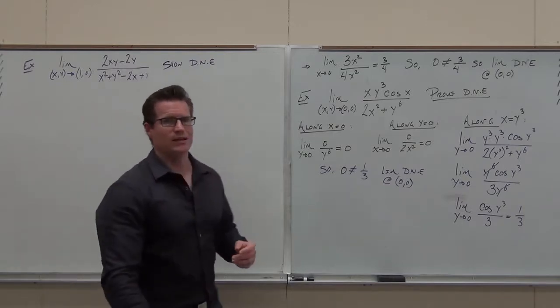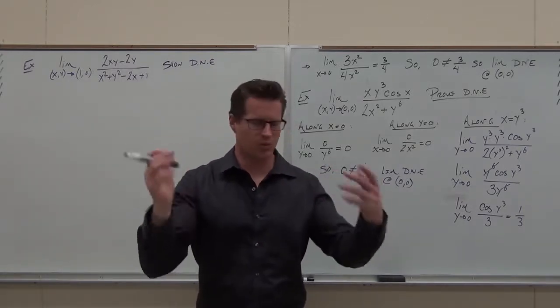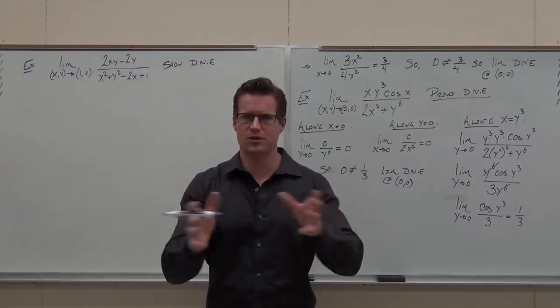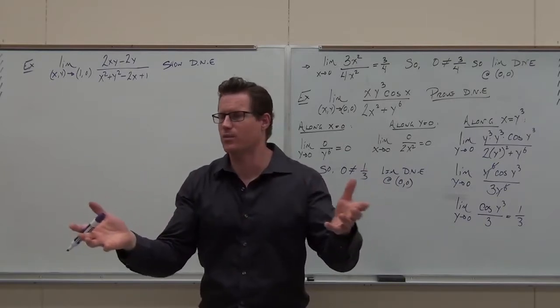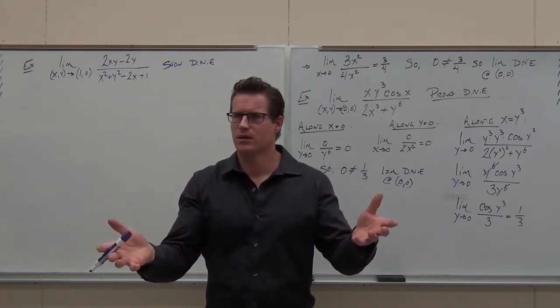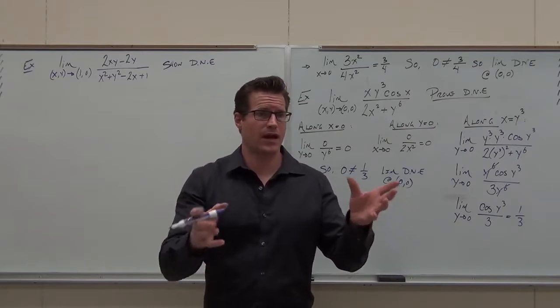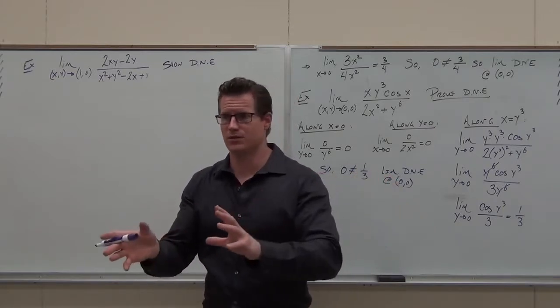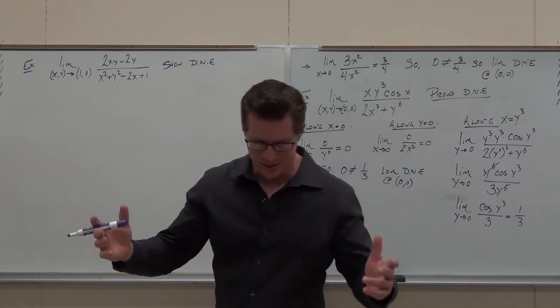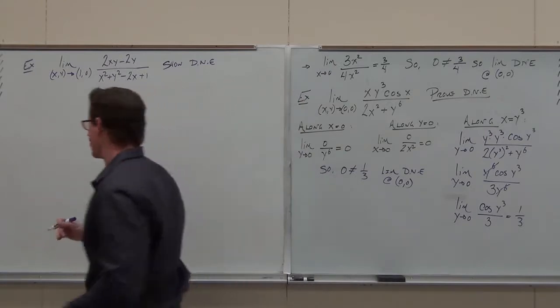Everyone in class right now, what path do you use at least? You use at least one of these all the time. What is it? Well, either one. Either x is 0 or y is 0. So pick one. In this case, I think I did y equals 0.